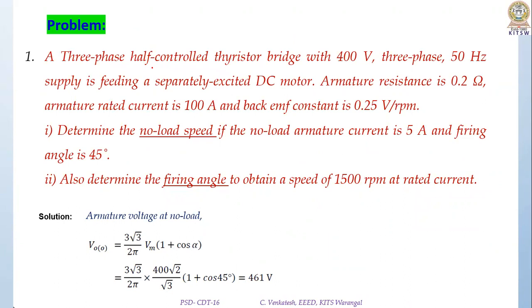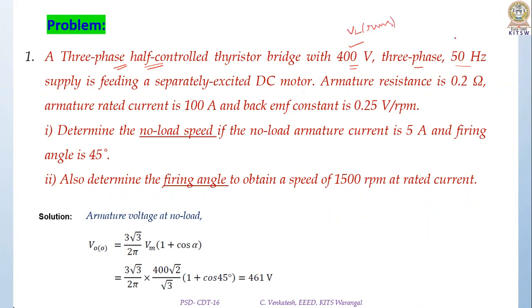Okay, first let us see the three phase half controlled thyristor problem. A three phase full wave half controlled thyristor bridge with 400 volts, three phase 50 hertz supply is feeding a separately excited DC motor. So supply voltage is 400 volts, which is your line voltage RMS value.